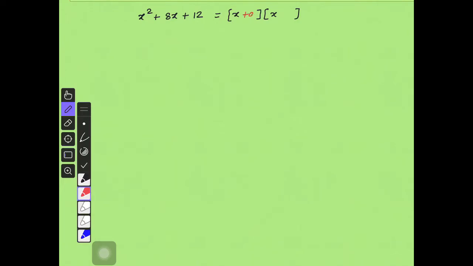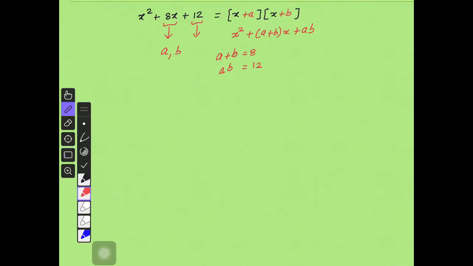So we can say x plus a and x plus b, and these a and b are coming from 8x and 12. You can just focus on the coefficients 8 and 12. The middle one, 8x, should be the sum a plus b, and the last one, without x, is the product of a and b. It means we have to split 8x into two numbers such that when you multiply them you get 12, and when you add them you get 8.